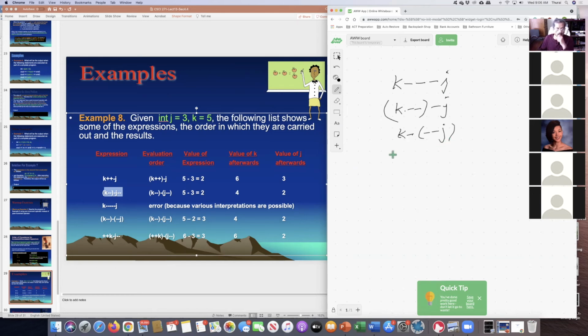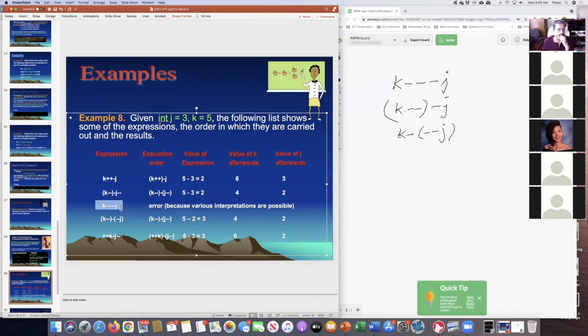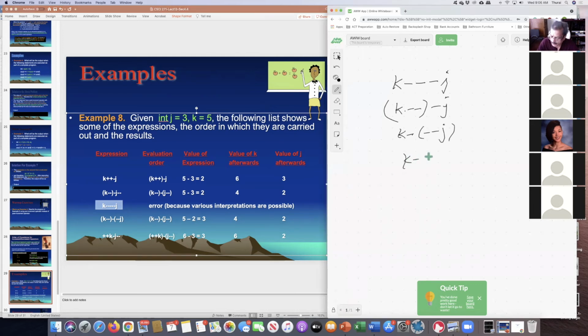If you write this, K minus minus minus minus, you may have meant K minus minus, two of the minuses going behind K, two of the minuses in front of J, and then a subtraction. Maybe that's what you meant, but it's confusing, because K minus minus and then another minus minus is allowed.